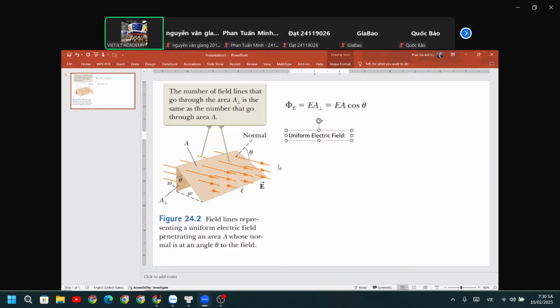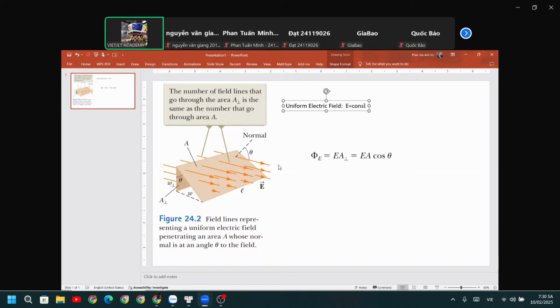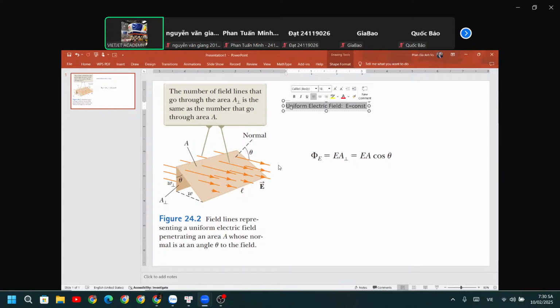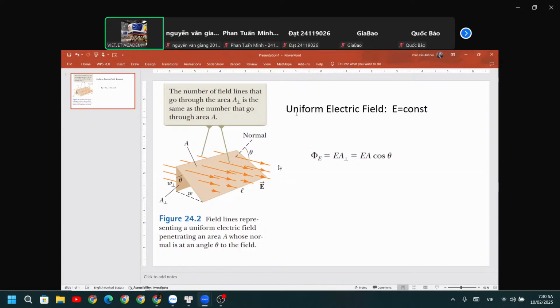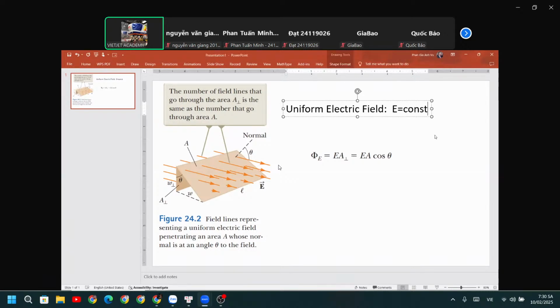It means E is a constant, and everywhere in the space you have the same E vector.